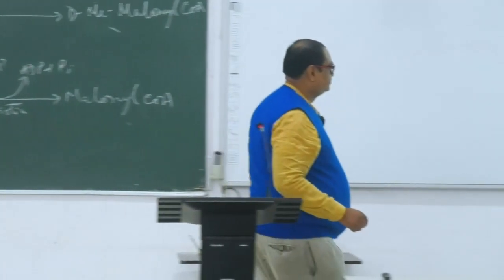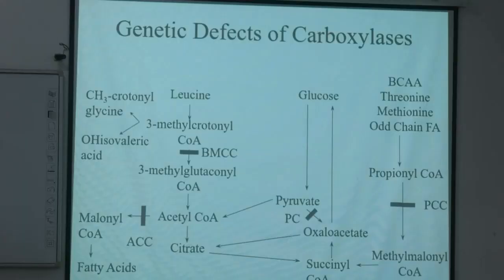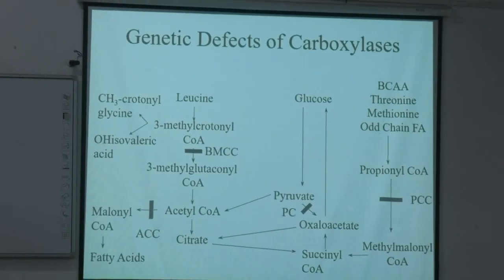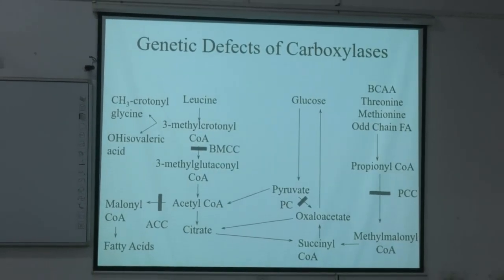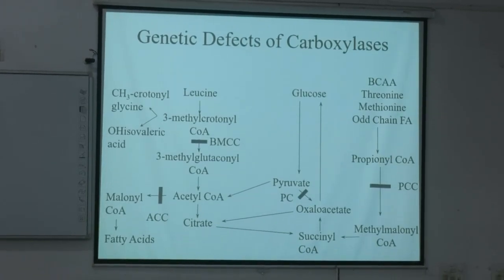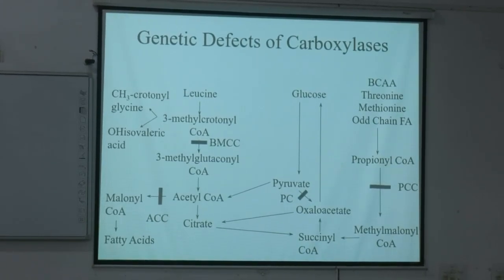All those reactions have been shown in this single slide. Beta methylcrotonyl CoA carboxylase, BMCC: 3-methylcrotonyl CoA to 3-methylglutaconyl CoA. From there, it forms acetyl coenzyme A to malonyl coenzyme A, then fatty acid, or it goes to the TCA cycle via citrate formation.